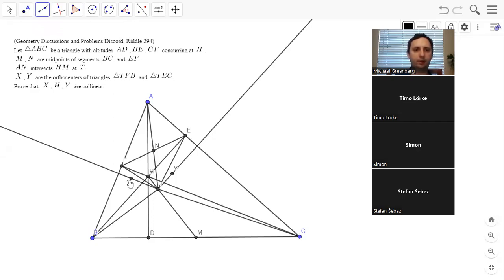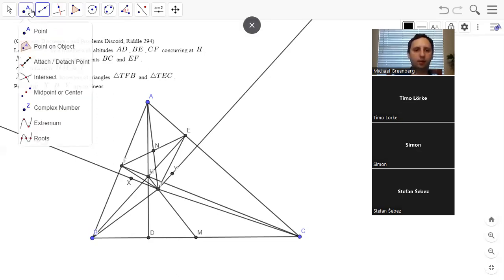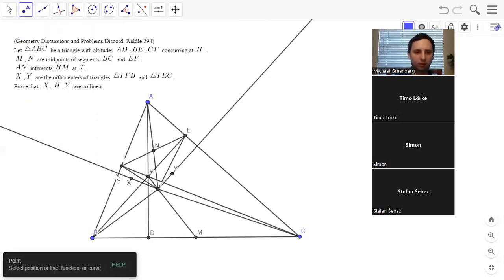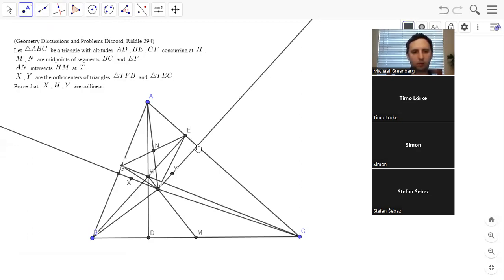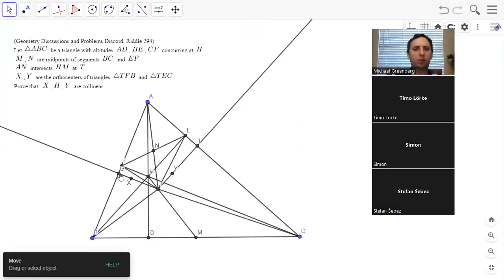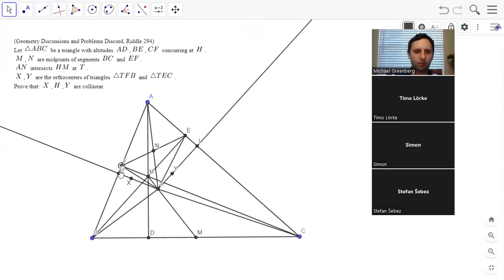Because TX is perpendicular, these are both right angles. Oh, but cyclic with X and Y, maybe? Yeah, with X and Y. And I also proved this not just for a specific point T, but for a variable point on this median. That's true in general.